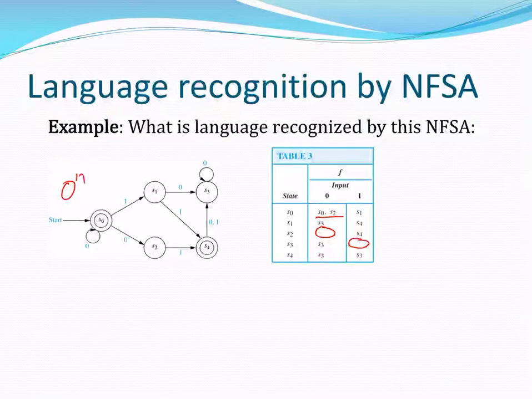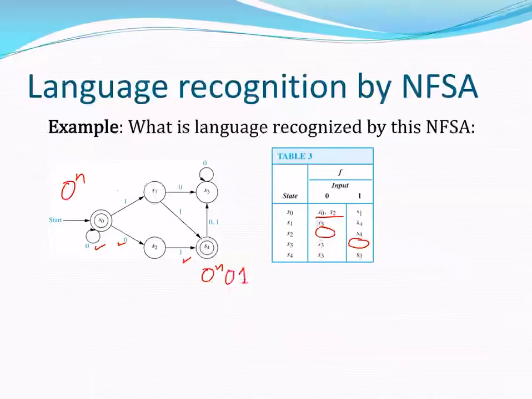And then, as the zeros come in, it's going to continue to branch and go down to state 2, but then state 2 does nothing with additional zeros. But if a 1 comes in after some number of zeros, then it does transition to S4. So that means 0 to the n, and then a following 0 and a 1 is recognized.